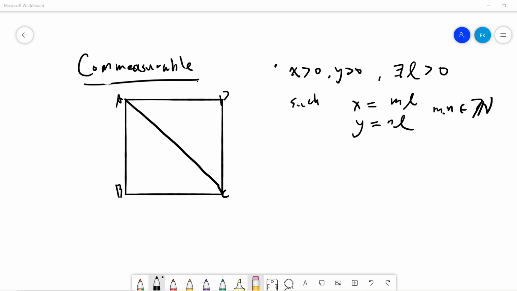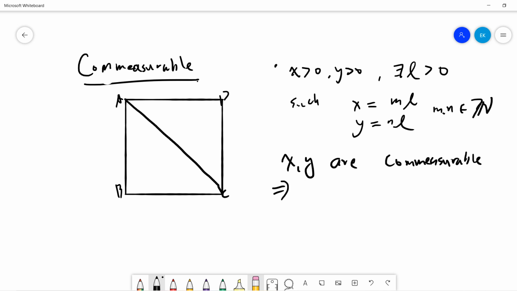Okay, so let's quickly define the notion. The idea is that if x and y are both positive numbers, and there is an L which is positive, such that x is m times L, y is n times L, and m and n are positive integers, then we say that x and y are commensurable.